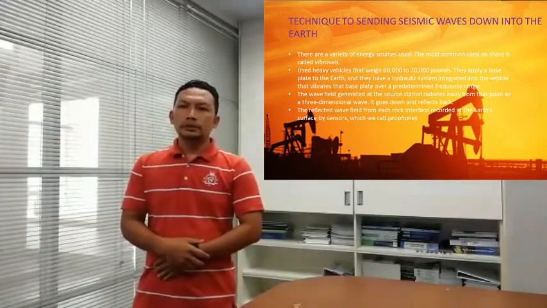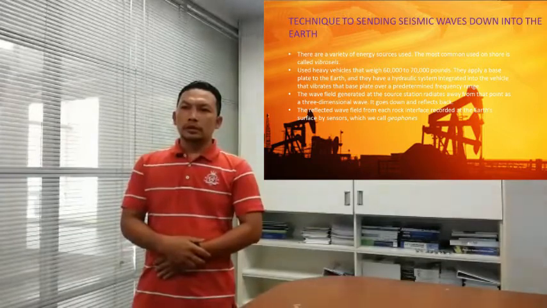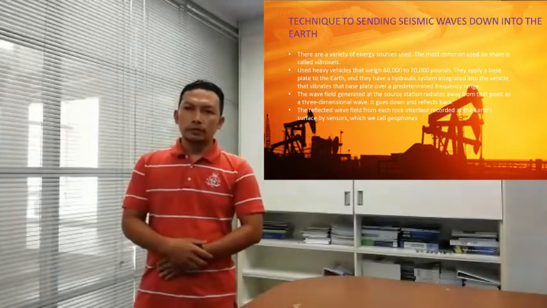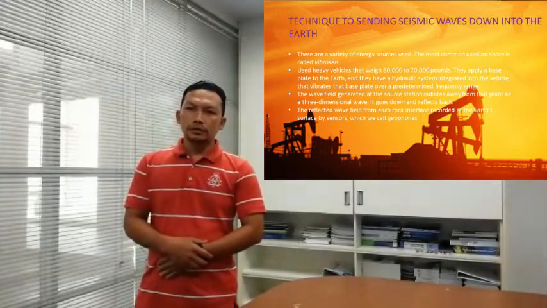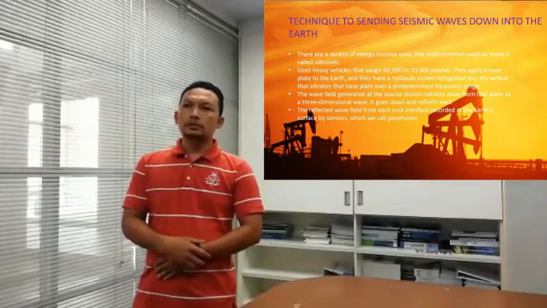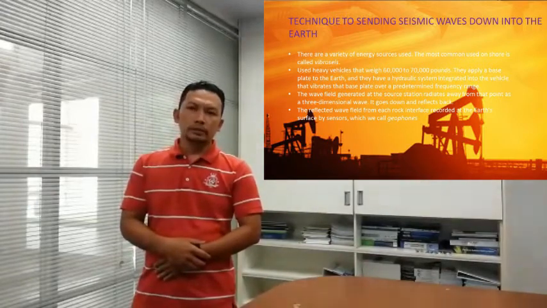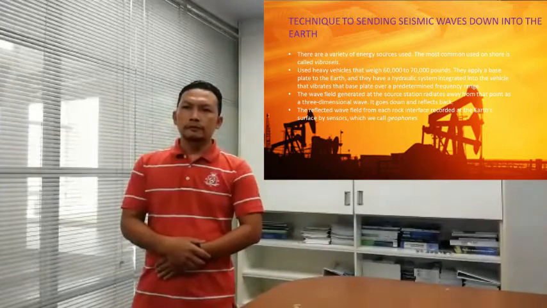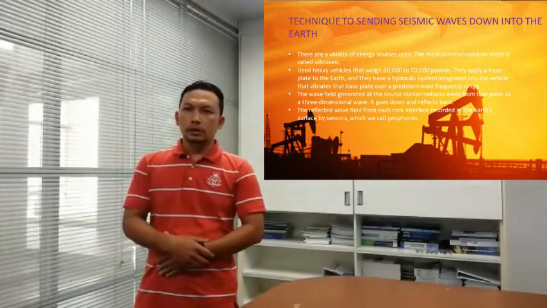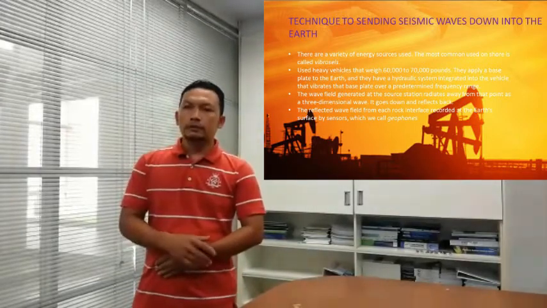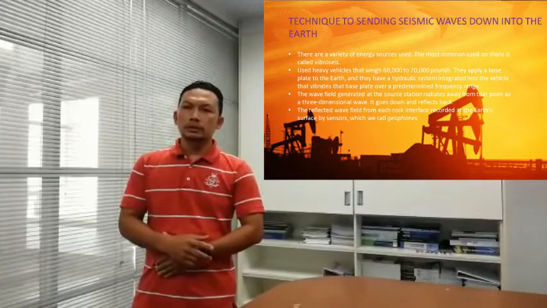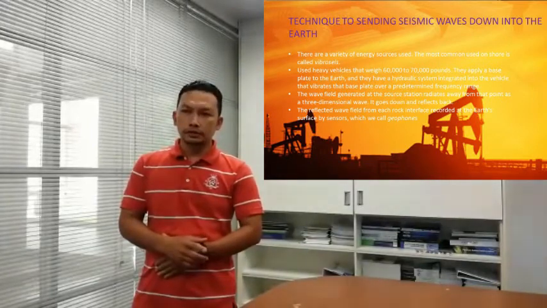The wave field generated at the source station radiates away from that point as a three-dimensional wave. It goes down and reflects back. The reflected wave field from each rock interface that is encountered in the propagation of this downgoing wave field is then recorded at the Earth's surface by sensors, which we call geophones.